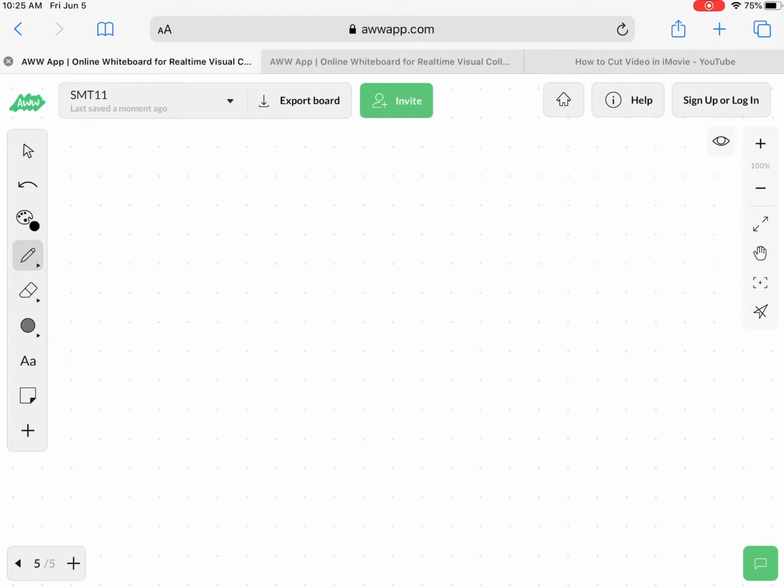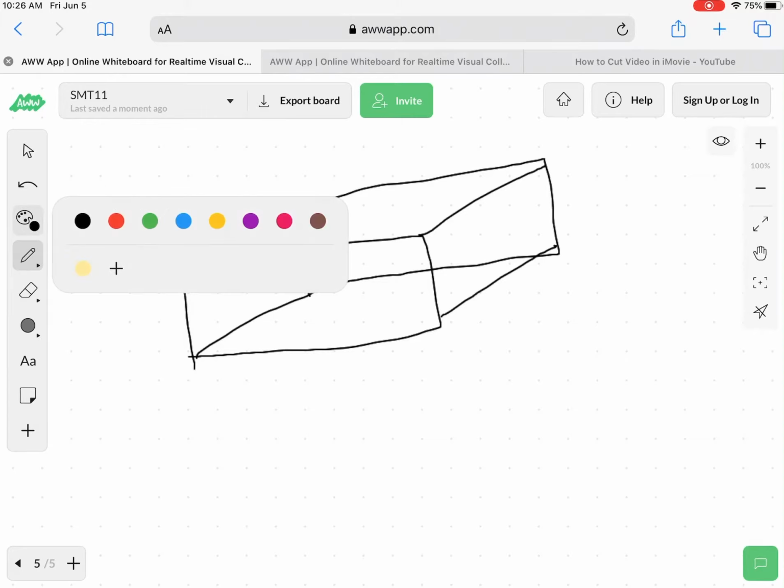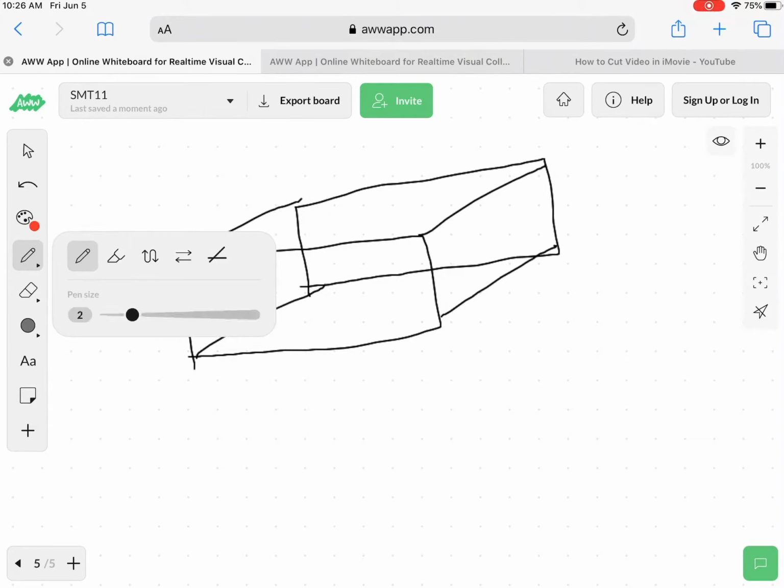So now let's find out the surface area of a rectangular prism. So, let me just draw a rectangular prism right here. So a rectangular prism is very similar to a cube, but it's also different because not all sides are the same.